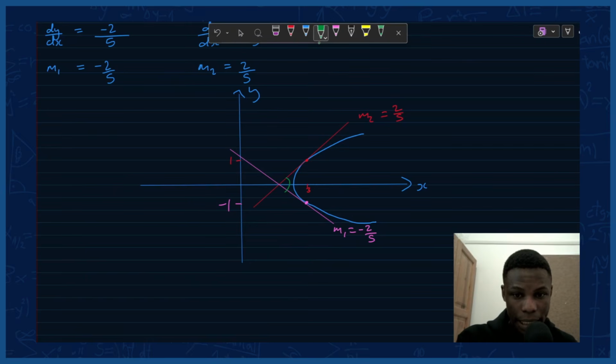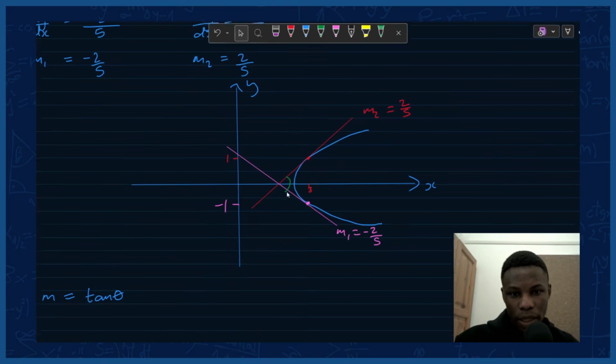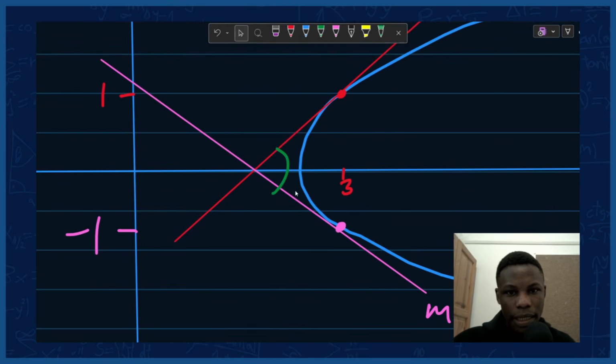From earlier, we know that m, the gradient, is equal to tan theta, where theta represents the angle between the positive x-axis and the tangent. If we zoom in on the red tangent, theta would be the angle it forms with the positive x-axis, and we can just call this A.